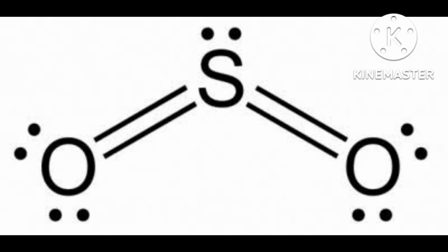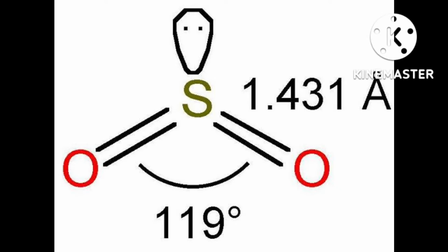First example, I am taking a type of molecule like AB2E. E means electron lone pair, one lone pair of electron. In this molecule, the number of bonding pair is 4. SO2 is the example.